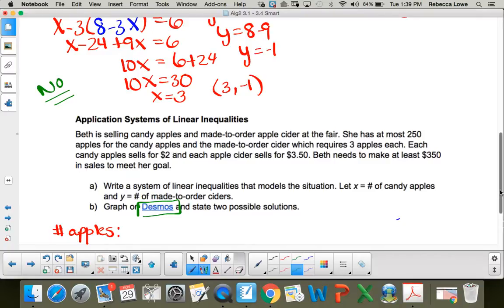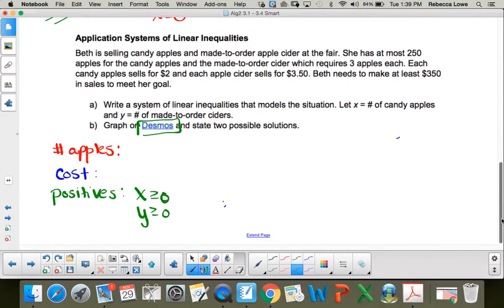So this is going to lead into applications of systems of linear inequalities and linear programming, which is the next unit, which is pretty hefty in terms of the number of steps, but this gives you a good start. It says Beth is selling candy apples, I'm going to underline that, and made to order apple cider at the fair.